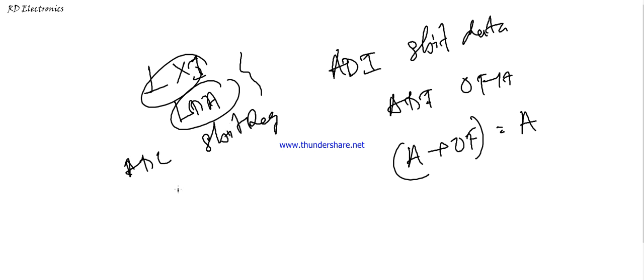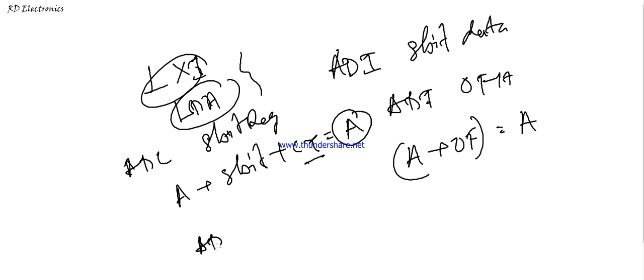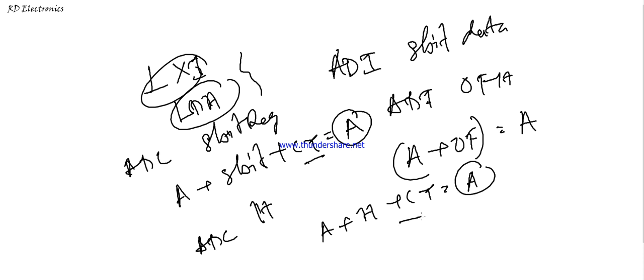That means accumulator content plus this 8-bit register content plus the carry flag. The carry flag status is either 0 or 1, and the total summation is stored in the accumulator. For example, ADC H means accumulator content plus H register content plus carry content. This total summation is saved in the accumulator.